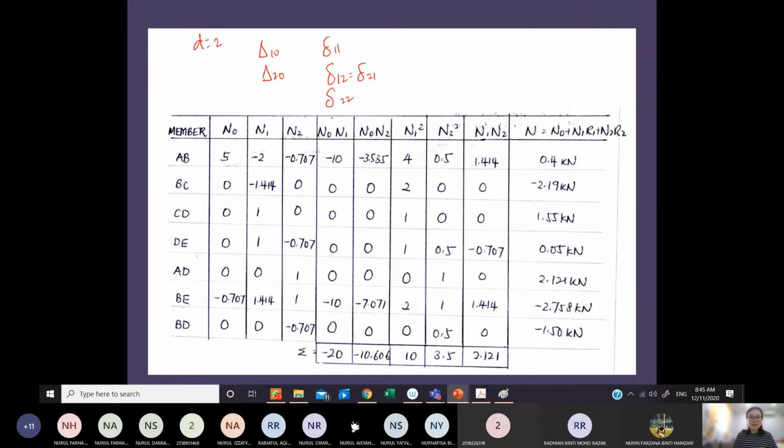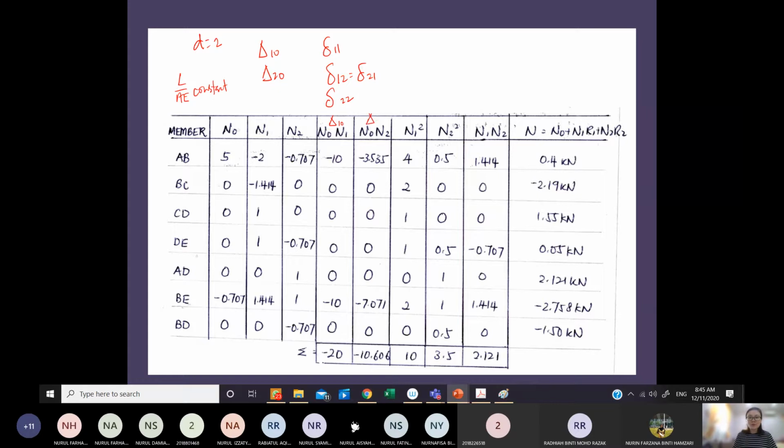So this will be delta 1 naught here, which is a summation n naught n1 L over AE, right? But the L over AE is constant in the problem, so you can put it at the end of your equations later.